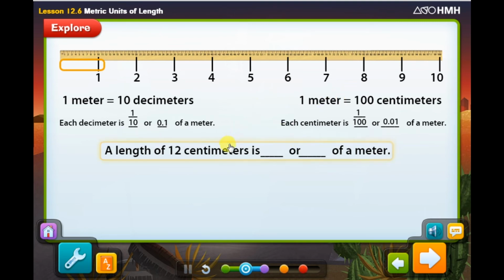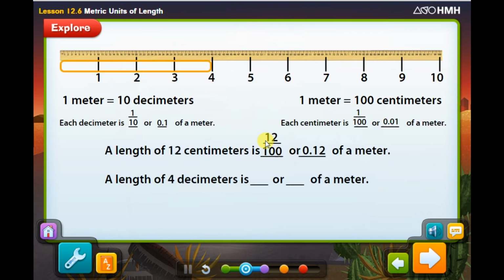So this means you will divide by 10 two times. If you divide by 10 and divide by 10 again, this means you divide by 100. So you will divide 12 by 100, so it will be 12 over 100, or 12 hundredths. 12 centimeters is 12 hundredths of 1 meter.